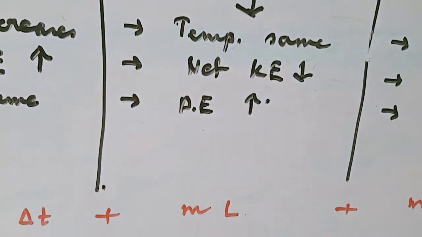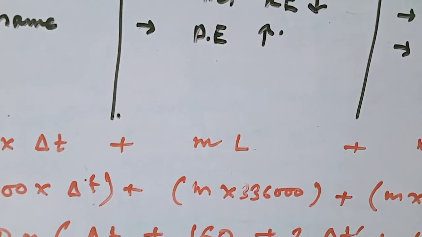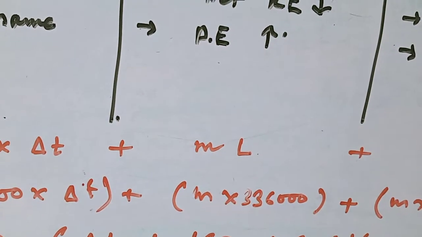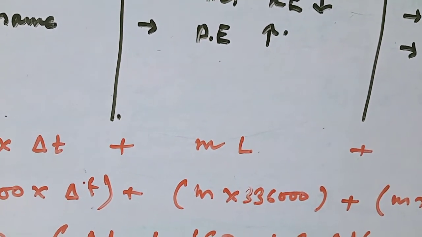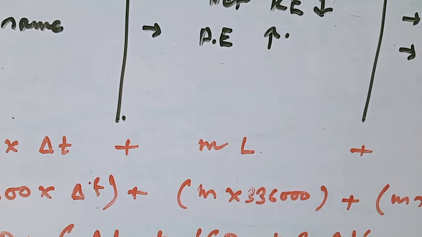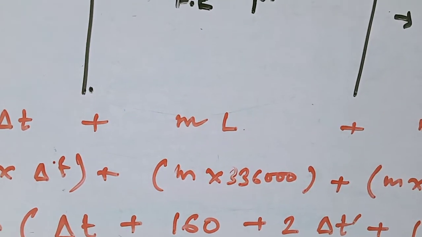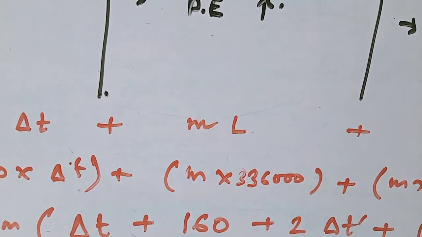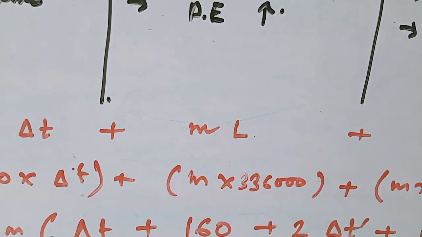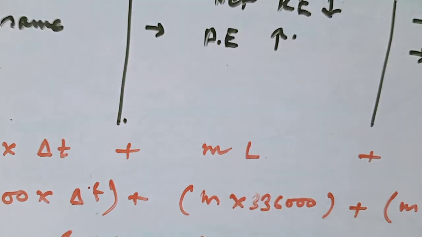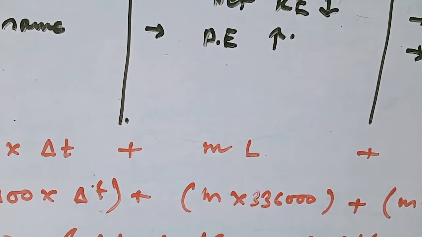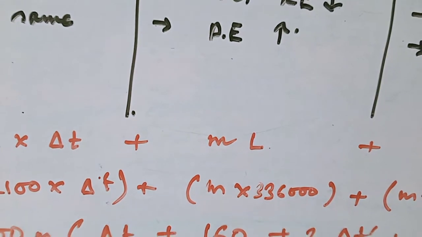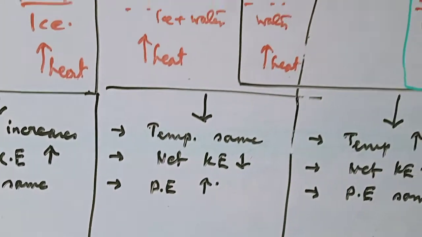That is mass into latent heat of fusion of ice. The latent heat of fusion of ice is 336,000 joule per kg. So the heat energy required to convert m kg of ice to water is m into 336,000. And whenever 0 degree Celsius water is converted to 0 degree Celsius ice, the energy released is 336,000 into m.